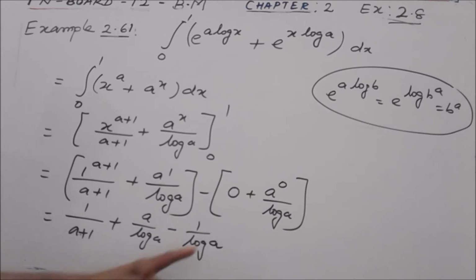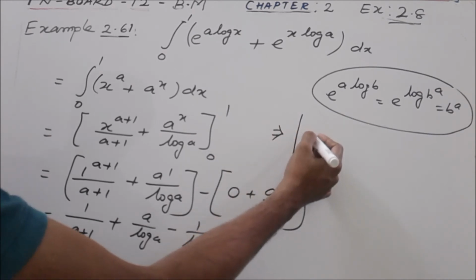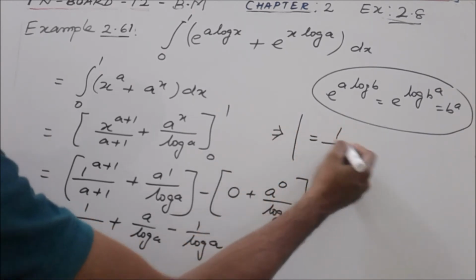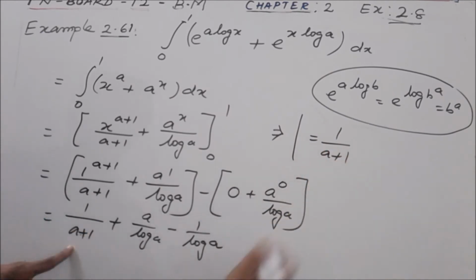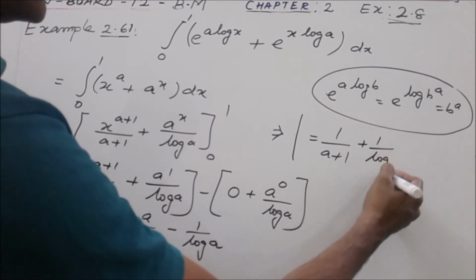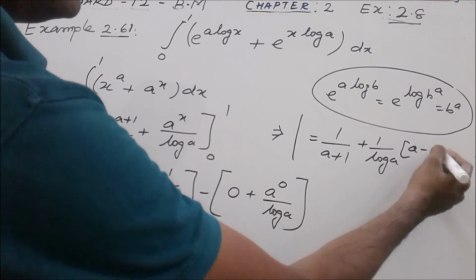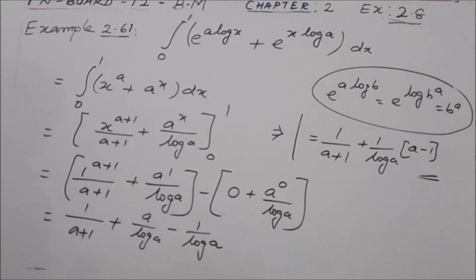Now we can take 1 by log a common from these two, which will be equal to 1 by a plus 1 plus 1 by log a into a minus 1. It will be the answer for 2.61 here, 1 by a plus 1 plus a minus 1 by log a.